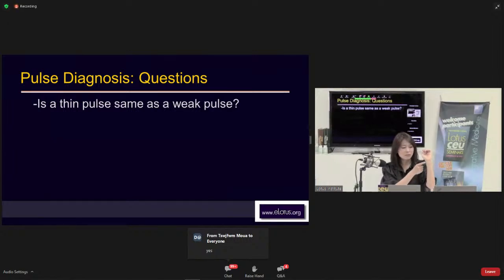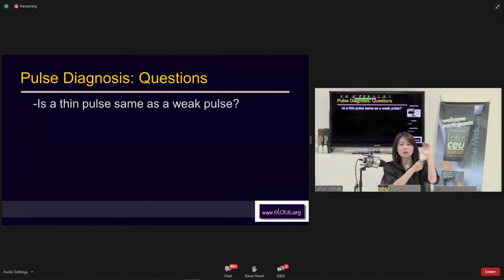So what I mean is if your finger is here, cun, guan, chi. Now, in between pulses, I mean like in between cun and guan, right on the styloid process, you feel some sort of a bump. That means that stagnation or hernia is in between the upper and middle jiao. There's some sort of swelling or mass or cyst.